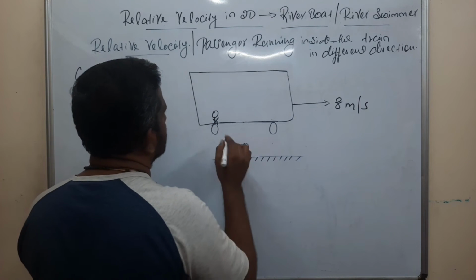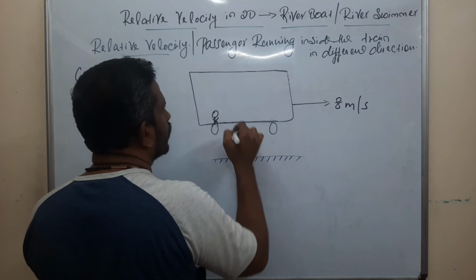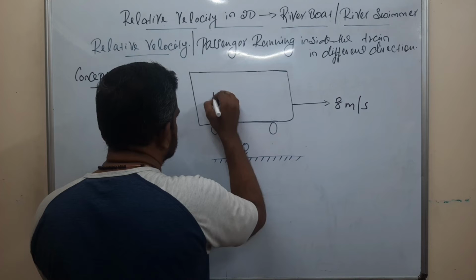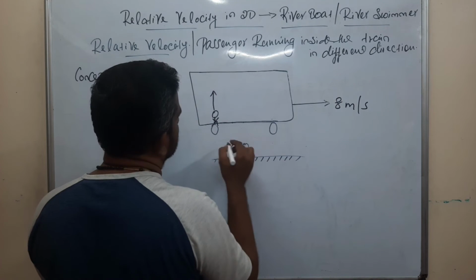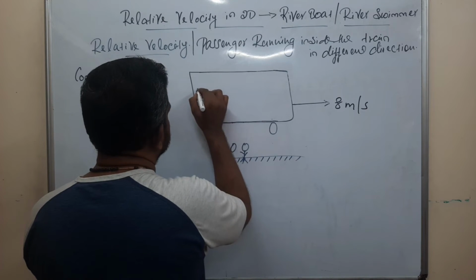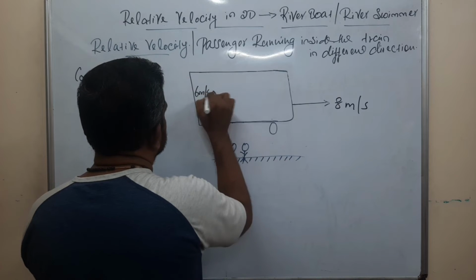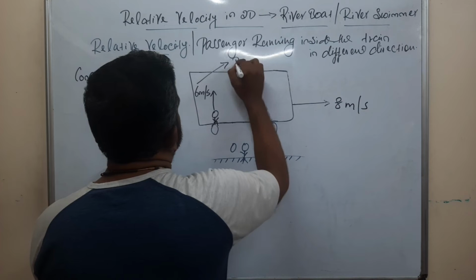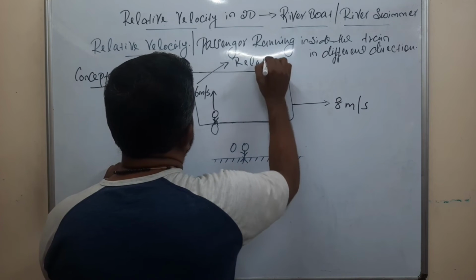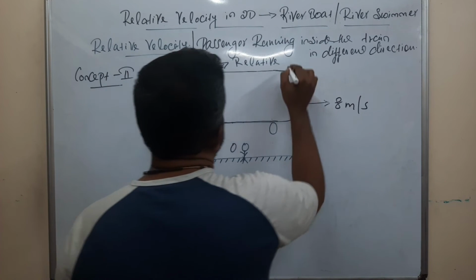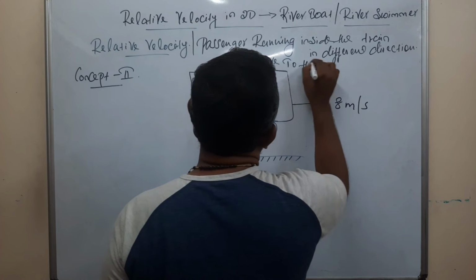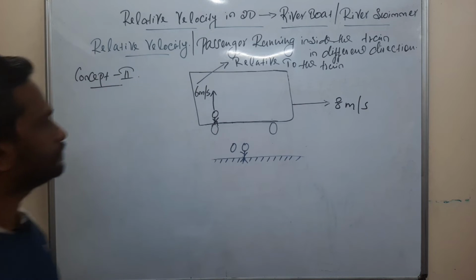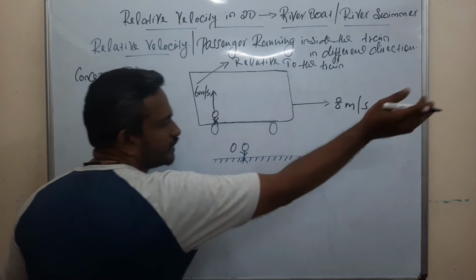He is moving or running inside the train in this direction with 6 meter per second, 6 meter per second relative to the train. So the train is moving in this direction.